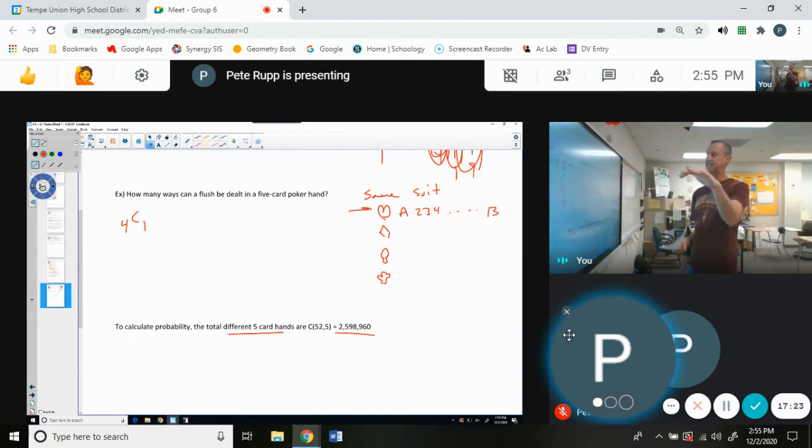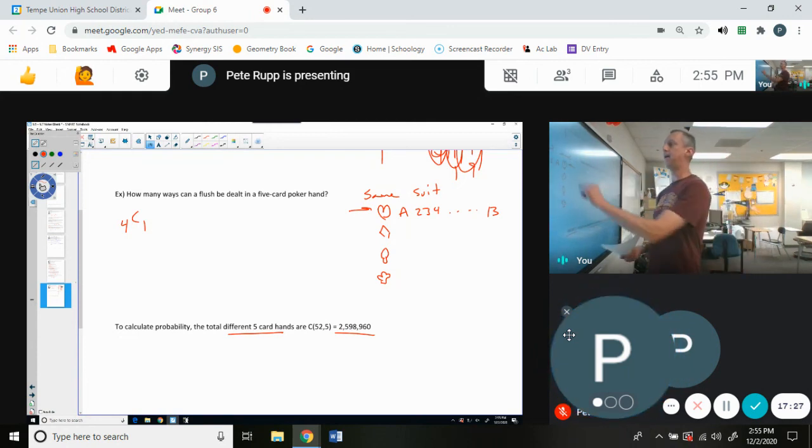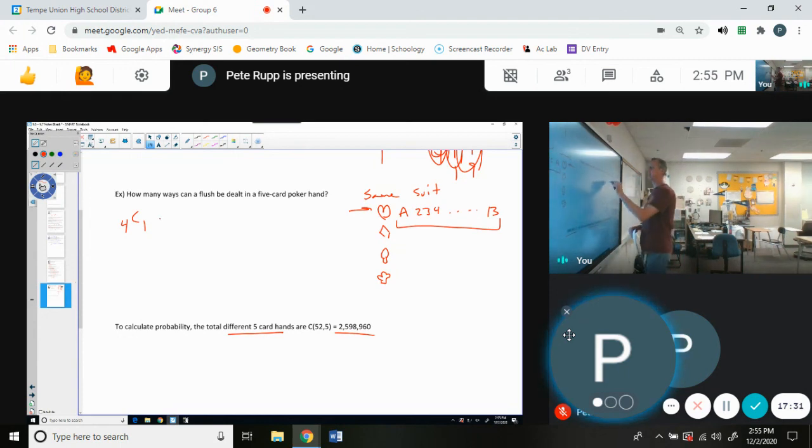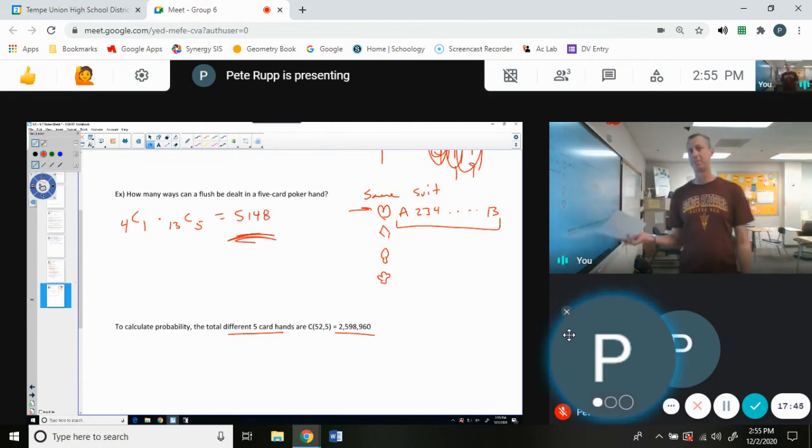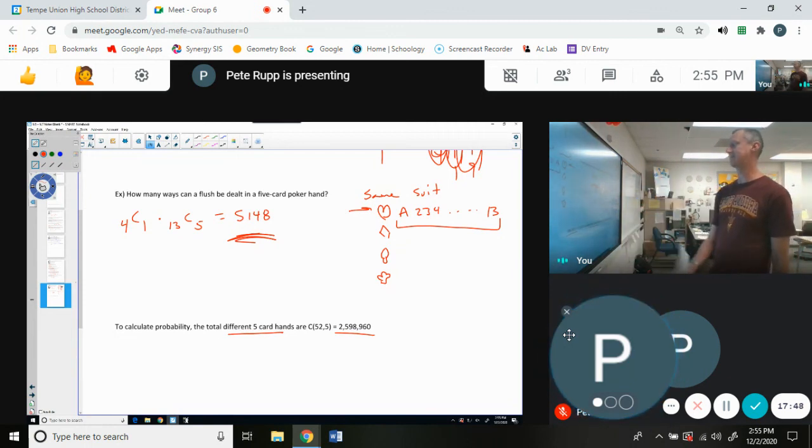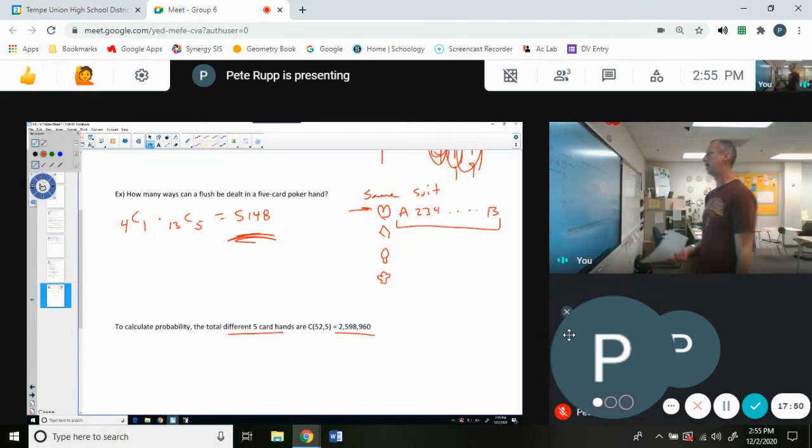There are 13 hearts, and out of those 13 I need to be dealt 5. So it's multiplied by 13 choose 5. That is the total number of flushes, which is 5,148. That's why a flush is a much stronger hand in poker, because it only happens about 5,000 times out of the 2.6 million different 5-card hands you can be dealt.